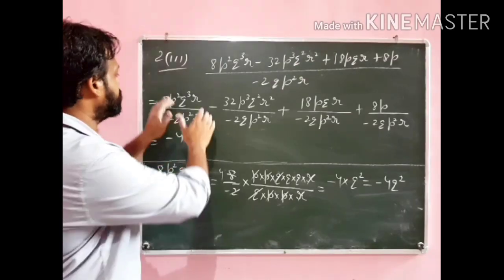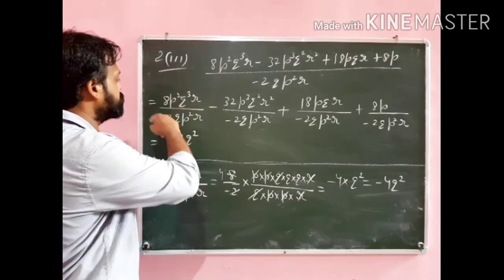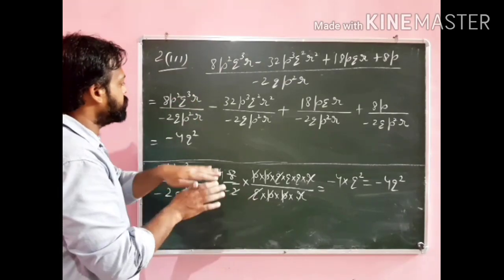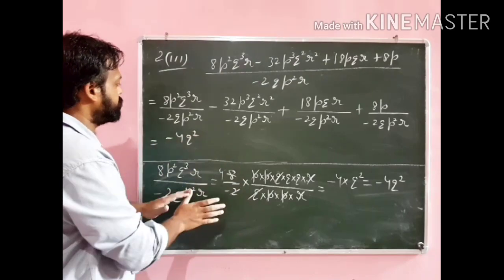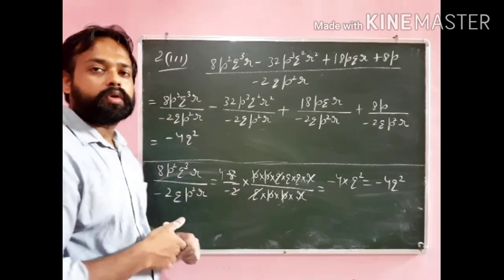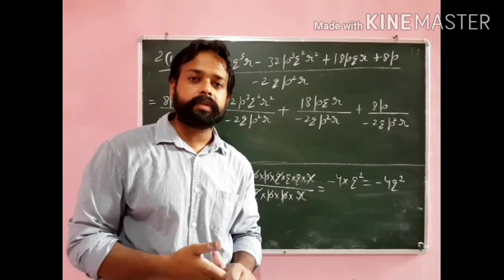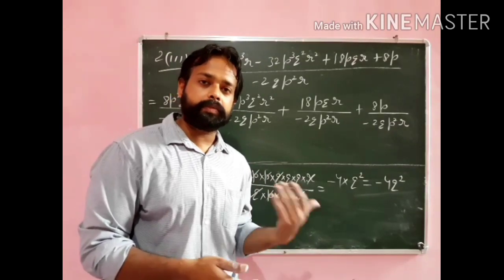Now, how can we solve it? First of all, you can take this term into the rough work and solve it there, and then write the value that we got. We know how to solve the term. In the first term we solved these sums, and we have to follow the same steps again.